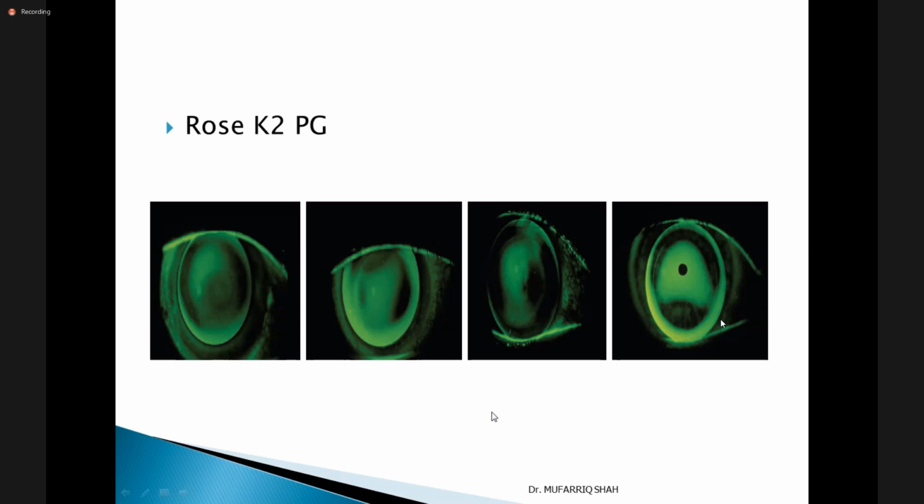If you see here, a bit of pooling is there, but actually I cannot judge it completely through pictures. Sometimes you may see a picture like this and you will say something, but actually it is not what you are saying.